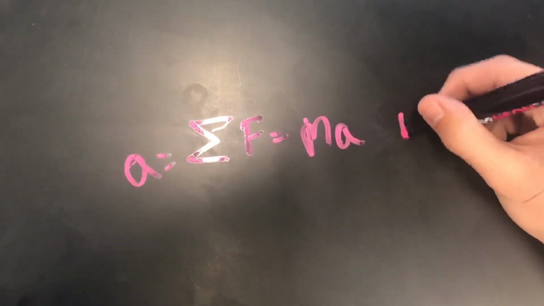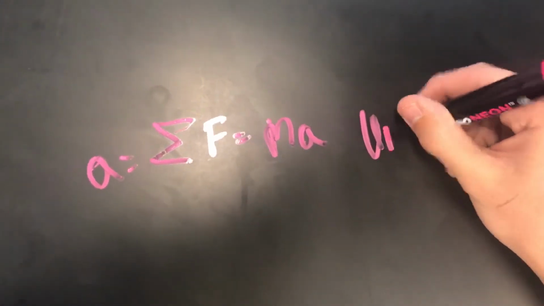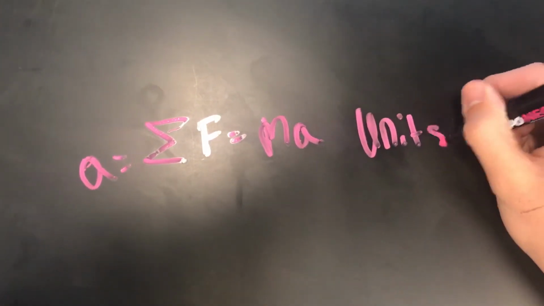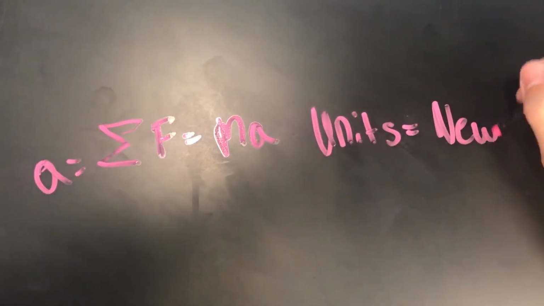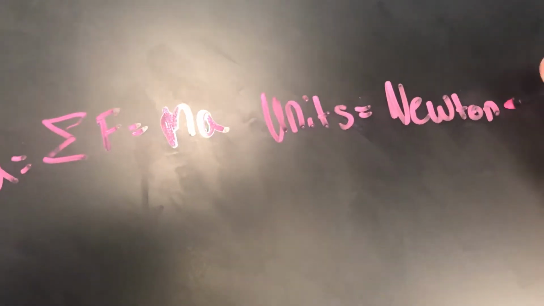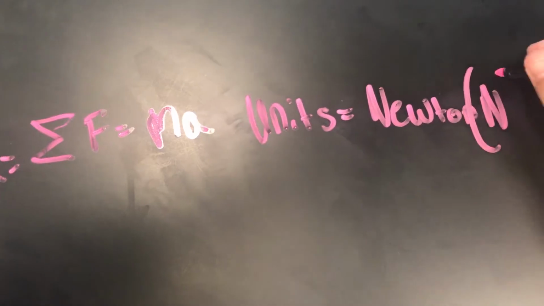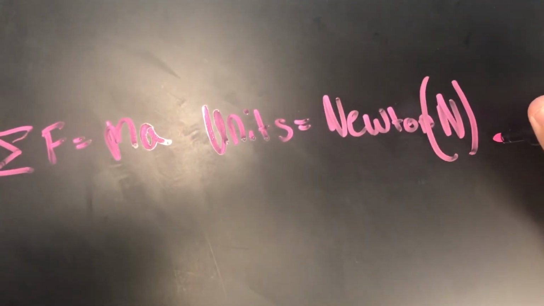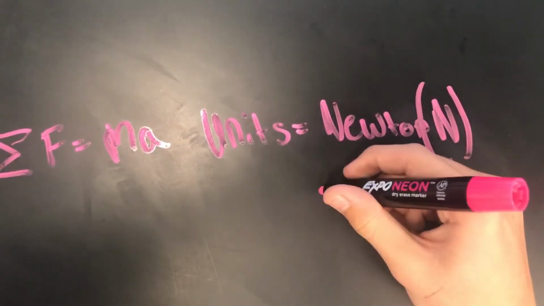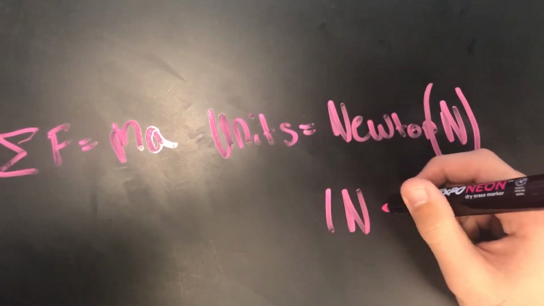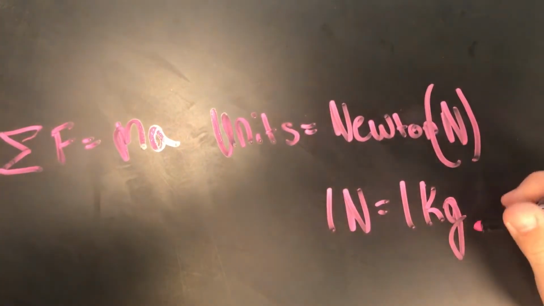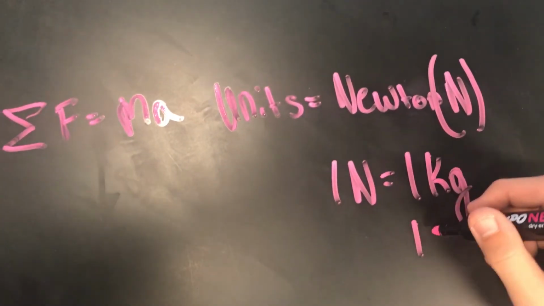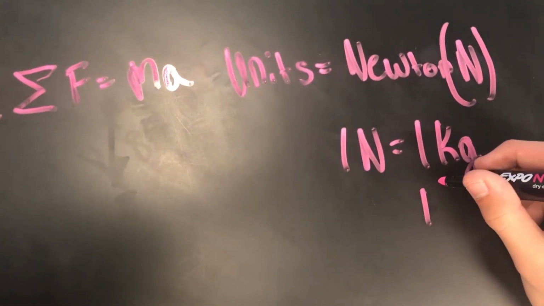And our units for that, let's say units equals Newton, and 1 N equals 1 kilogram meter per second squared.